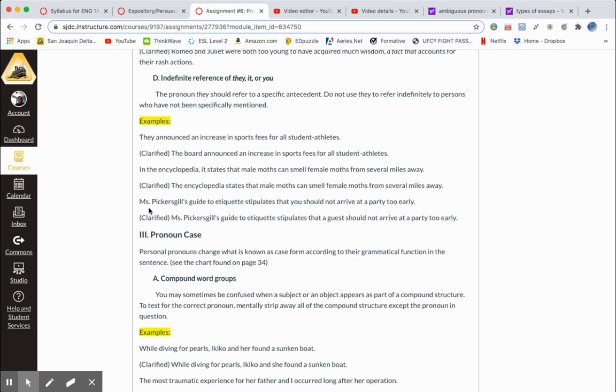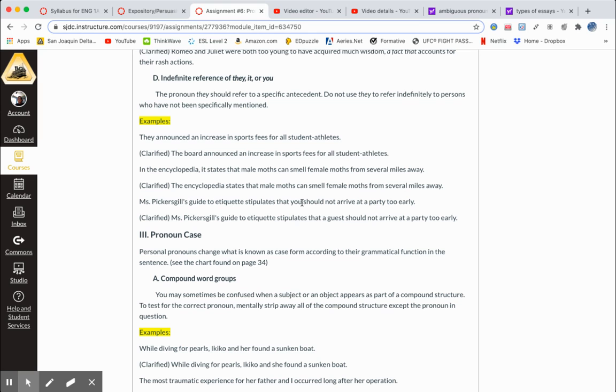Here's another example: "Miss Pickergill's Guide to Etiquette stipulates that you should not arrive at a party too early." Well, what is the pronoun here? It is you. And this guide to etiquette stipulates that you should not arrive. In this case, you is a big word because it means that everyone really should not arrive.